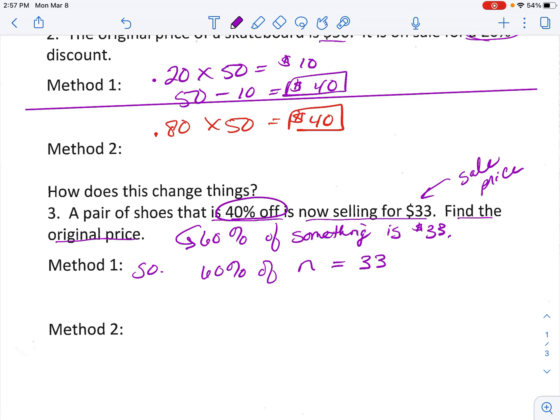Remember doing those equations? 60% times some number is 33. We'll divide by that 0.60. 33 divided by 0.60 is 55. So 55 was the original price.